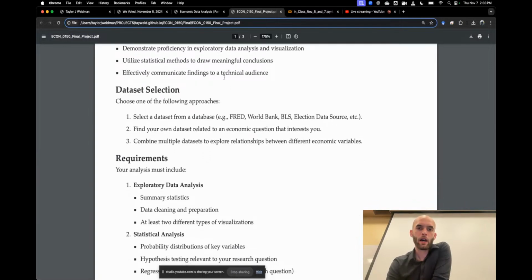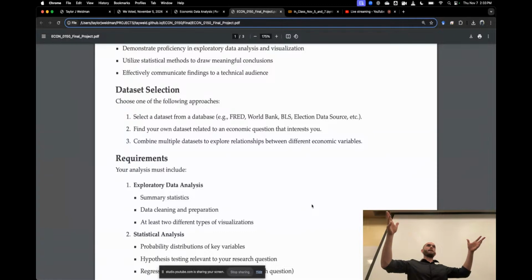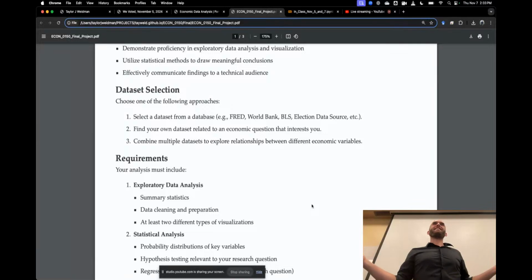And then you'll be working to express and communicate your findings to the classroom. So in the final class period, the final exam period, we're going to be doing some presentations. We'll bring some snacks and coffee, and then you'll tell me some interesting things you've found using like 1 or 2 slides. It's going to be very quick. We have a lot of people in this class.